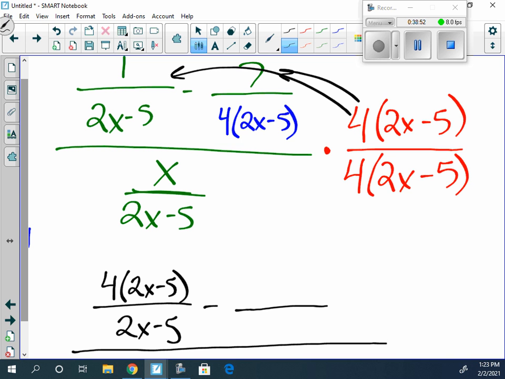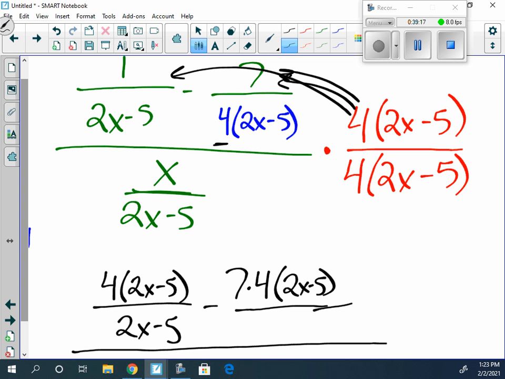Now at this point here, we can do the multiplication of the 4 and 7, but I notice I have the 4 down here, yes? So that 4 and 4 would simplify out. And if I know something that's going to simplify, it might just be easier to say 4 times 7 times 4 times 2x minus 5.